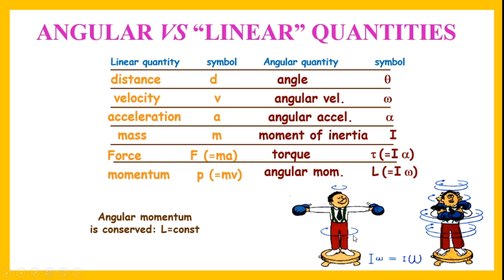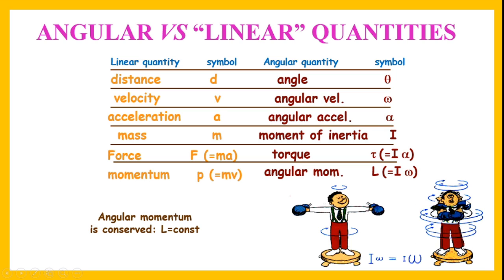In the first case, moment of inertia is more, so we denote it with a big letter I. As angular velocity is less, we denote it with a small letter omega. In the second case, moment of inertia is less, so we show it with a smaller i, and angular velocity is very high, hence we show it with a big letter.